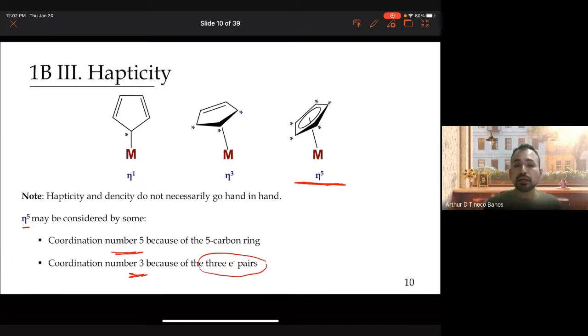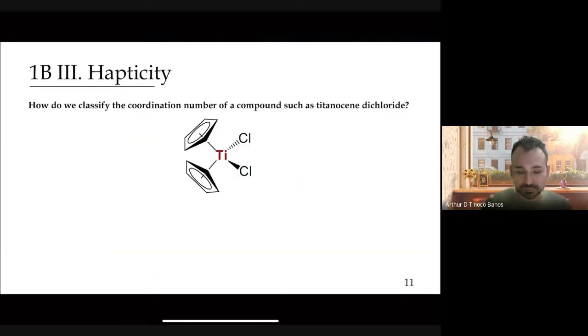All right, so there's a bit of how do you really describe this coordination? Well, let's look at this in terms of this particular molecule. How do we classify the coordination number of this molecule, titanocene dichloride? Well, we have the ligand here, and it's coordinated to the titanium. So someone who is brave, what type of hapticity is represented here?